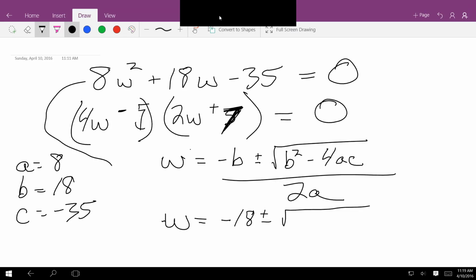Let me point out the next biggest place where people will make errors. The inside is almost always that negative sign right there. And for it to even be real solutions, C almost always has to be negative. So I'm going to write 4 times 8 times minus 35.